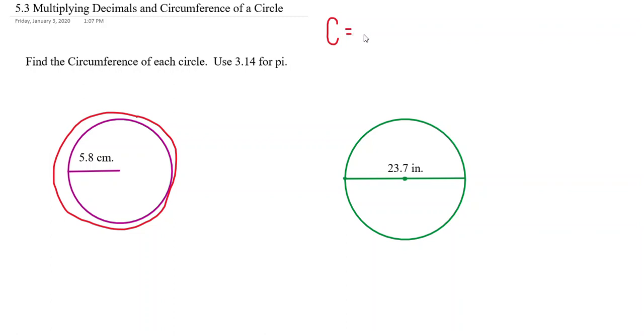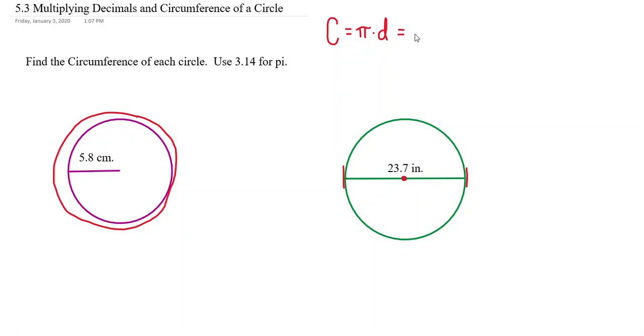Circumference is either this number pi times the diameter of the circle. The diameter of the circle is the distance from one side of the circle to the other, going through the middle. So this green circle shows the diameter.